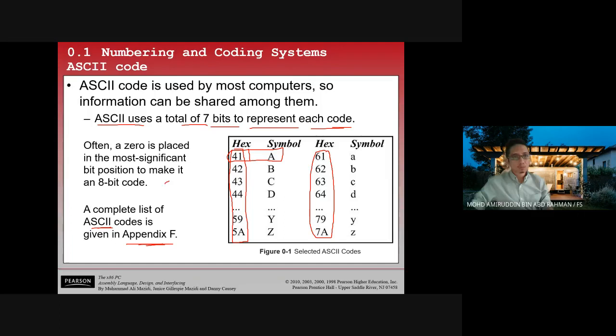So it should be from 41 to 80 to represent all of the alphabet. Lower than that, you might be guessing what is used there. It might be some other symbols, so it's not the alphabet.